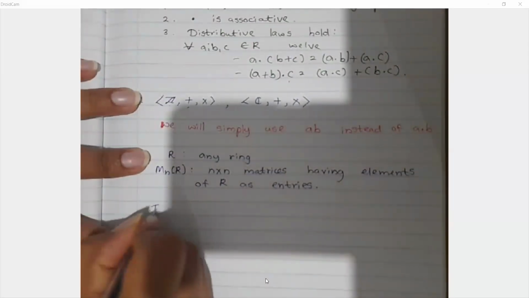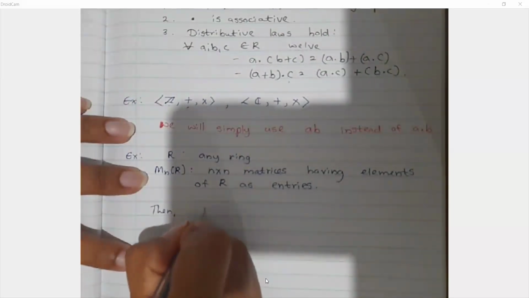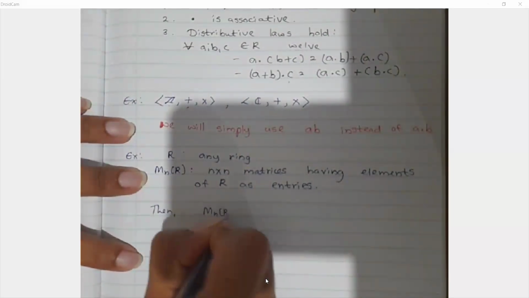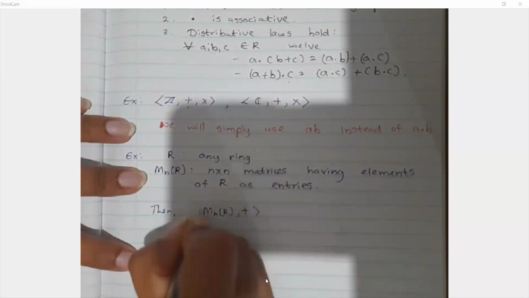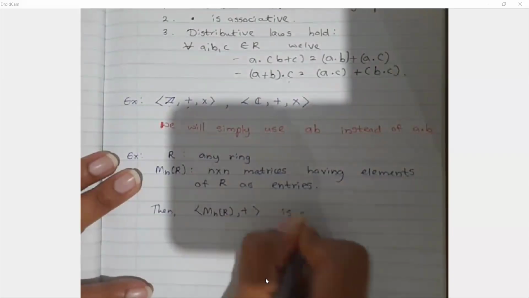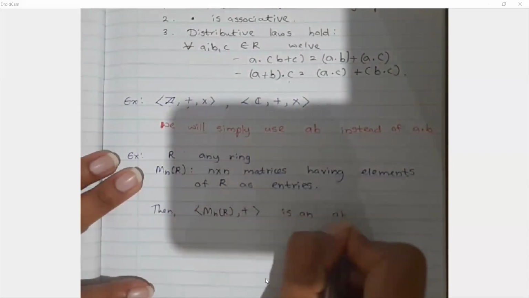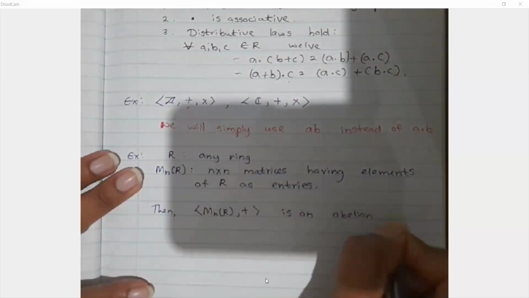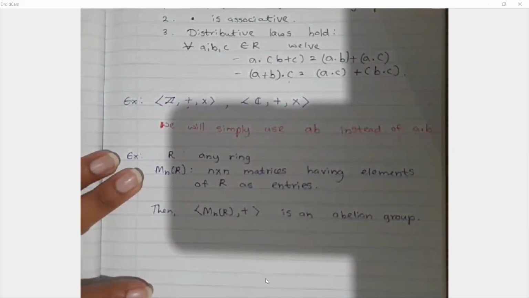Then we can see that Mn(R) under addition is an abelian group. Why is that?